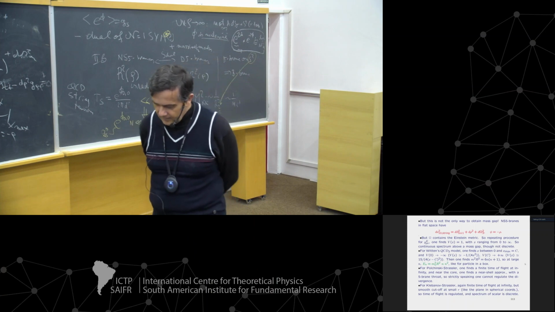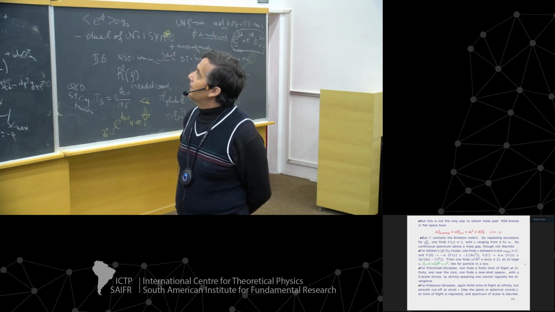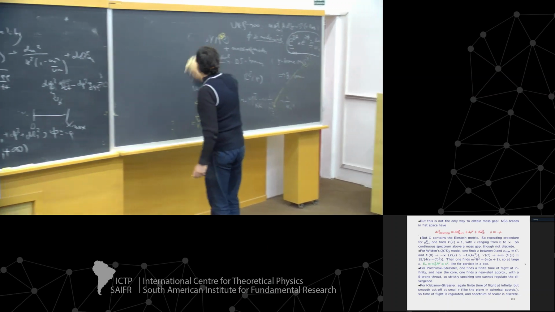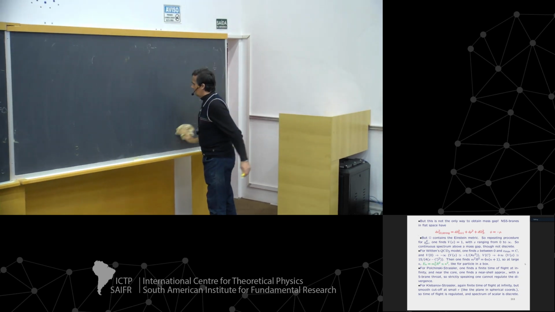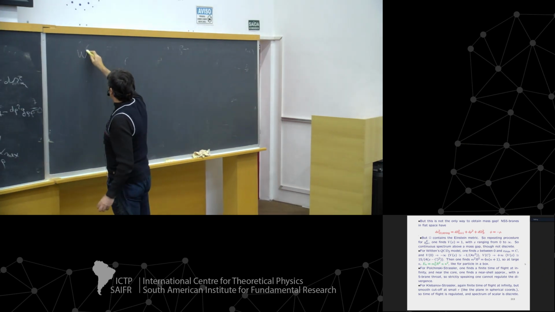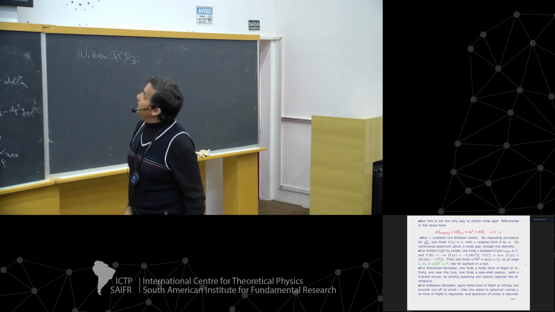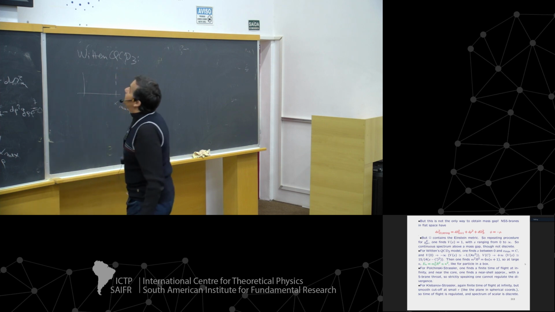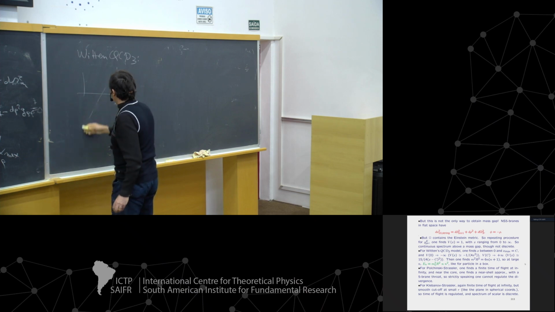Then for Witten's model for QCD3, which is related to this, one finds in that case that there's a maximum x, but V goes to infinity at one side and goes to minus infinity at the other, something like this.